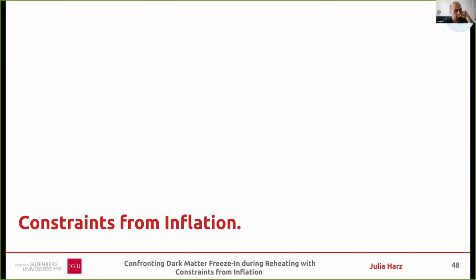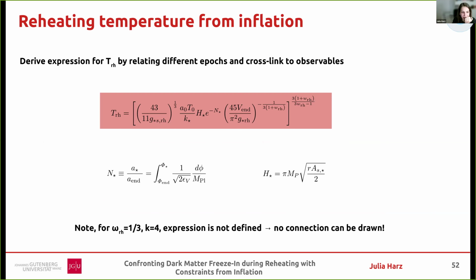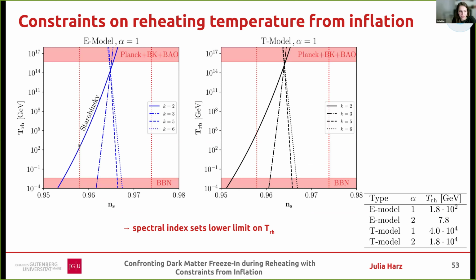Yes. Okay, I think I get it. So in principle, it's the combination of this plot. You here see the spectral index, right? This is the value that is allowed. And you see here that for lower reheating temperatures, the spectral index is too small. Ruled out, yes. Exactly.